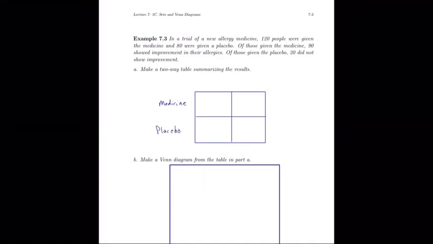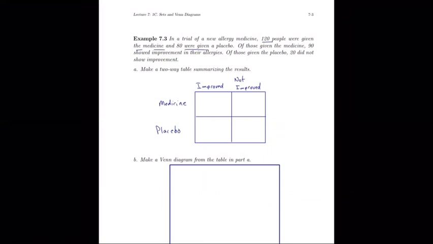And we know we have 4 different states. You could have the medicine and have improved, and then you could have the medicine and not improved. You could have the placebo and then improved, or you could have had the placebo and not improved. Okay, so let's put all these numbers together. 120 people were given the medicine, and 80 were given a placebo.